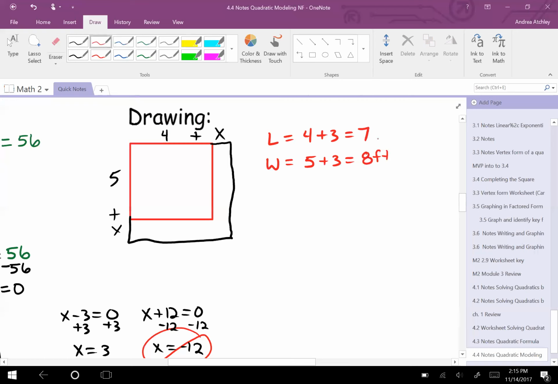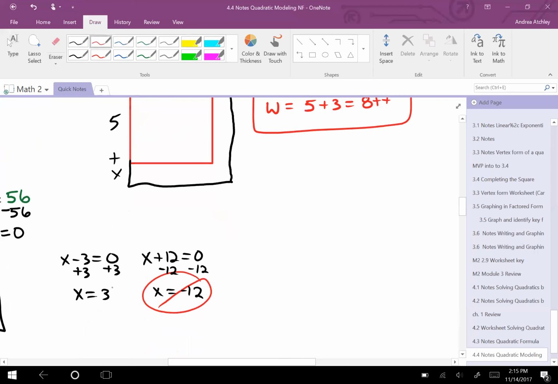And these are feet. That is my answer now. We have to take this and plug it back in to find the new dimensions. Any questions over that? Okay, next one.